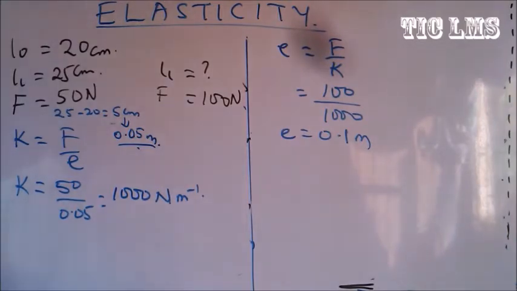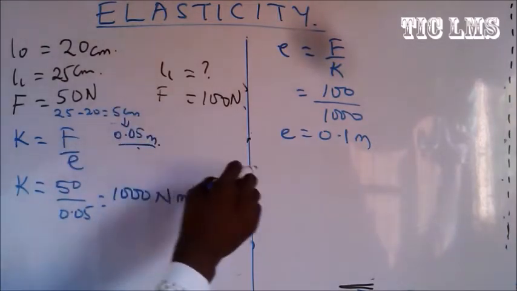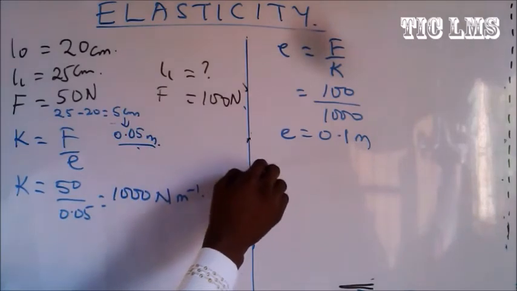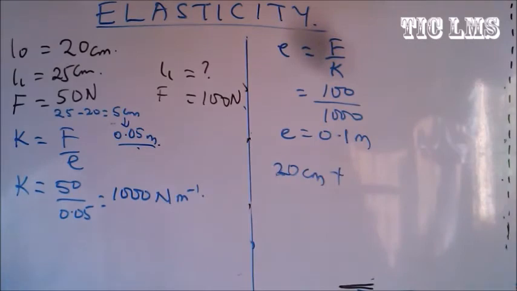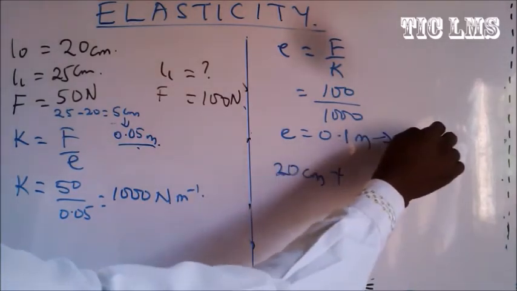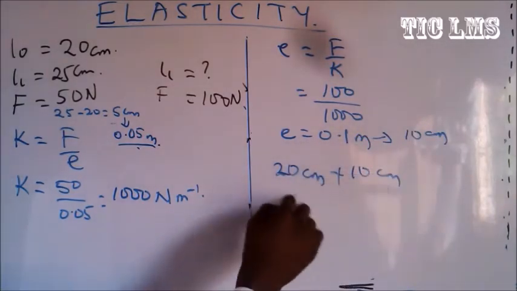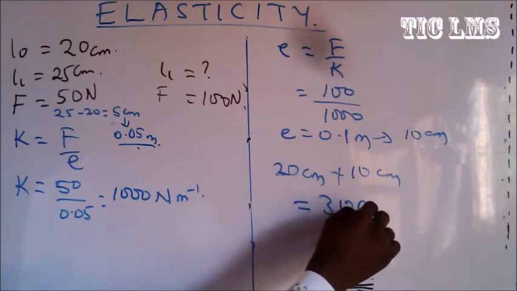We're asked to find the new length with this particular force. So the original length is 20 centimeter plus the new extension. Now we'll convert this extension into centimeter by multiplying by 100, and that gives 10 centimeter. So the new length is 30 centimeter.